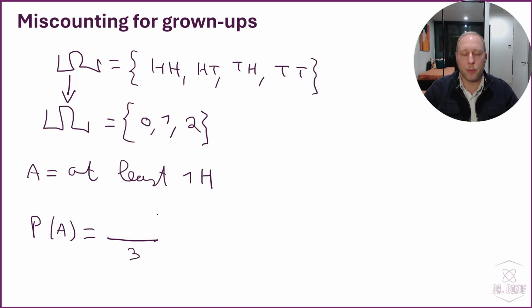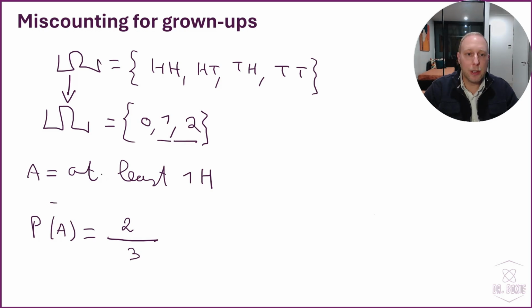In other words, I have a 3 in the denominator, and 2 of them, this one and that one, obey A, and so we would get 2/3. But we saw on the previous slide that the probability of at least one heads is not 2/3. The correct probability is 3/4.